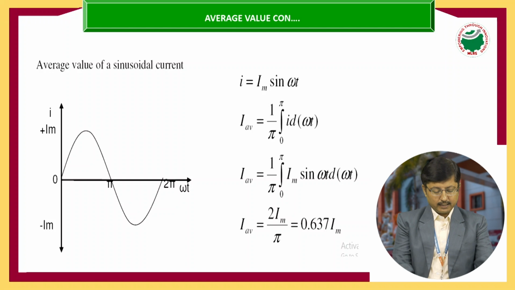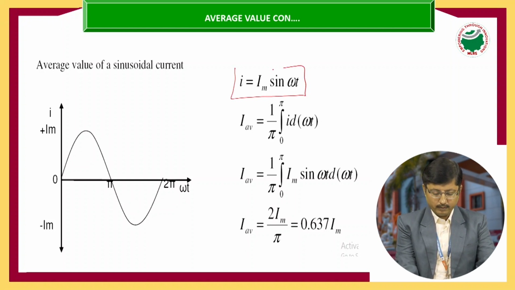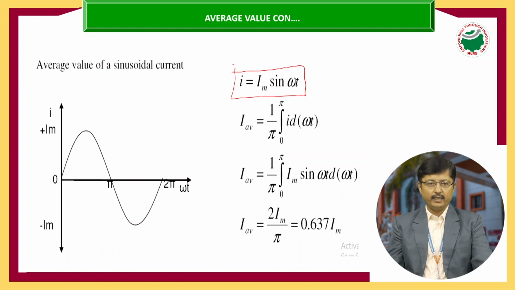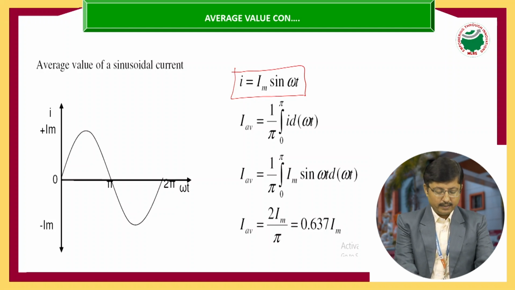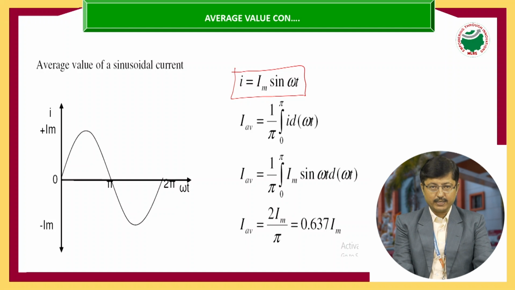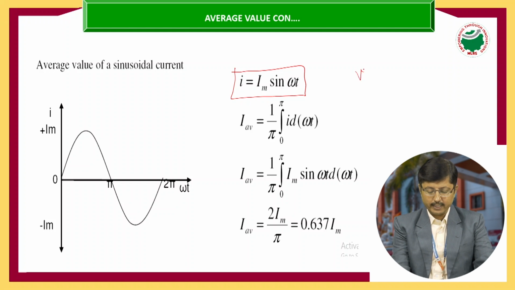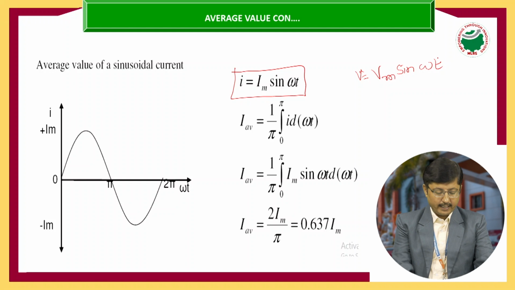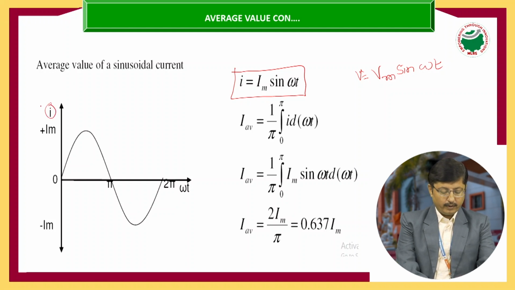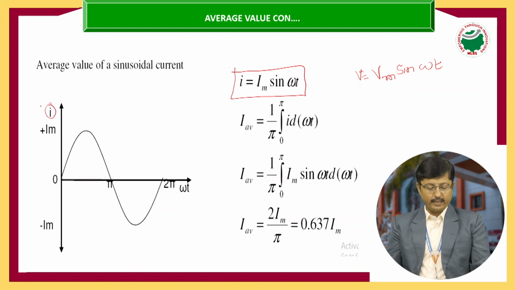So the current expression I am taking is I equals Im sin omega t, and similarly the instantaneous value of V is V equals Vm sin omega t.